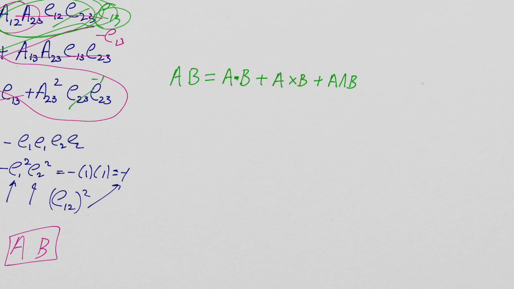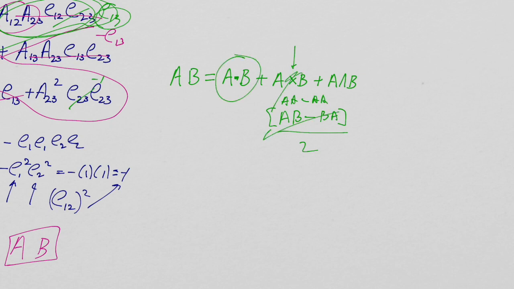A cross B, we remember we had defined, we used this same little cross product, but here what we're talking about is AB minus BA over 2, right? But when A and B are the same, that's just A minus A. So that part goes away, and we're left with just this A dot B part.